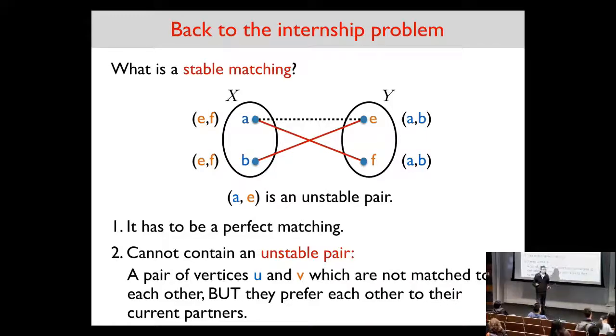That's unstable. They might do a backdoor deal after the fact and screw things up, so we don't like that. So a stable matching is a perfect matching that contains no unstable pair. Every pair is stable.